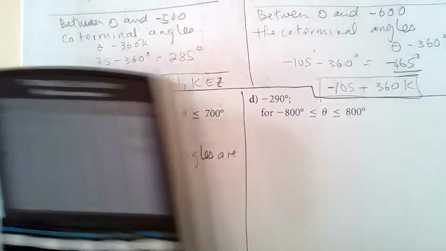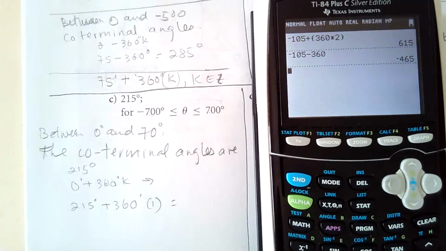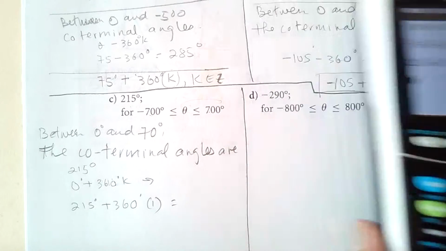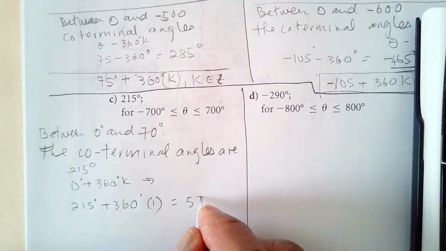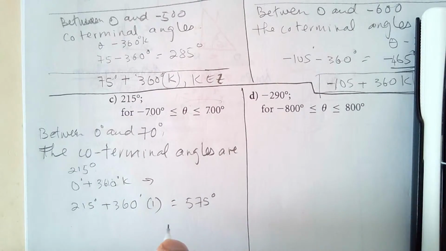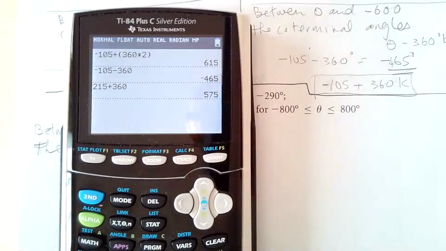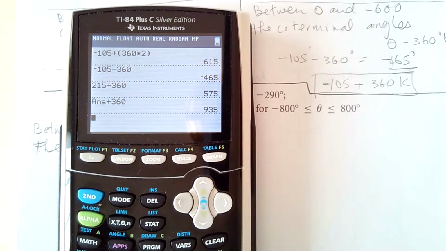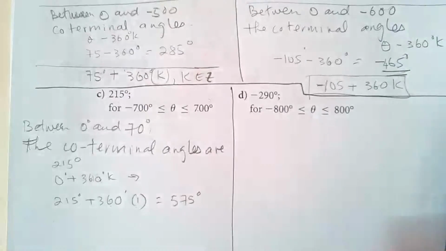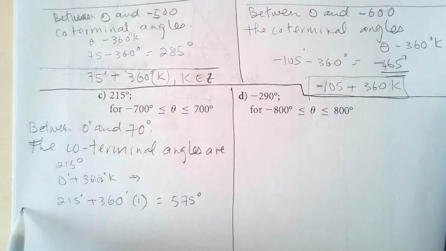And that gives us, with the trusty calculator, 215 plus 360, 575. So it's below 700. Now, if I were to add another 360 to this, that would be 935, much greater, so we stop there.